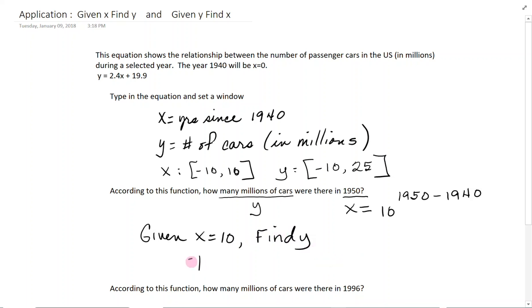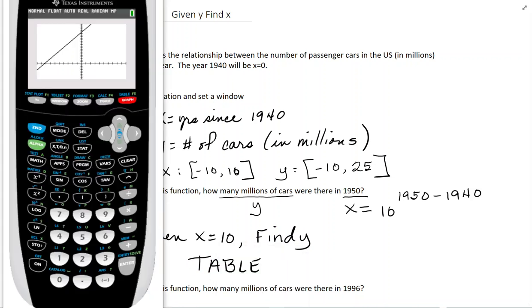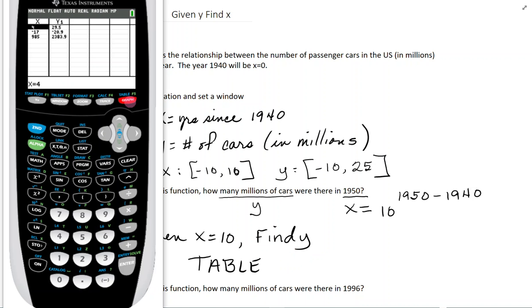We do it with table. All right, so back to my calculator. I go to the second of the graph key, which is table. And I can use delete if I don't want to have any old values in there. So I did.